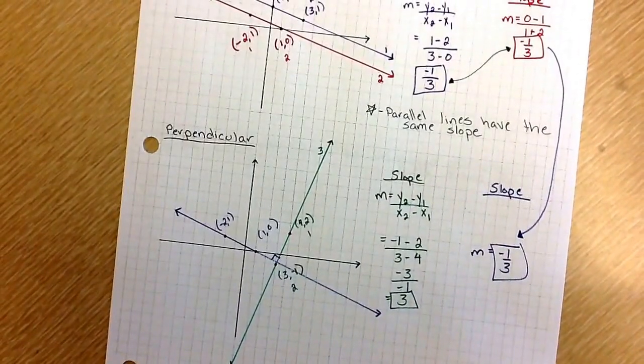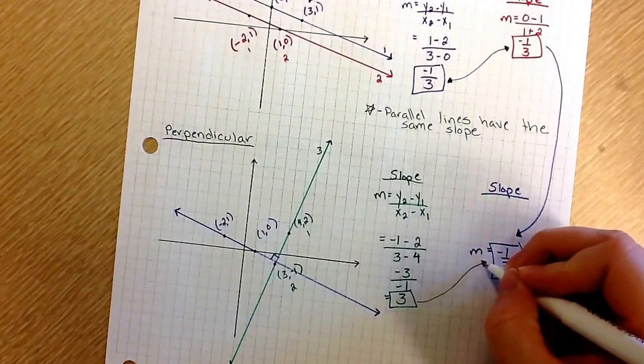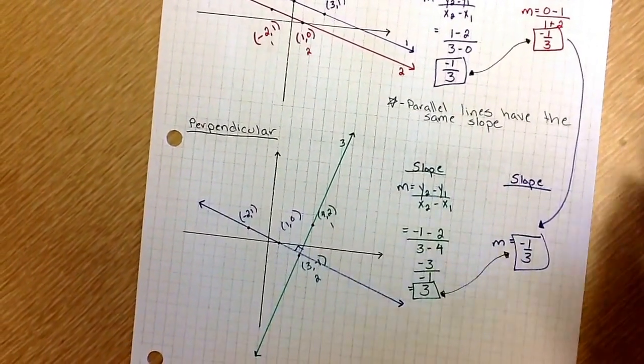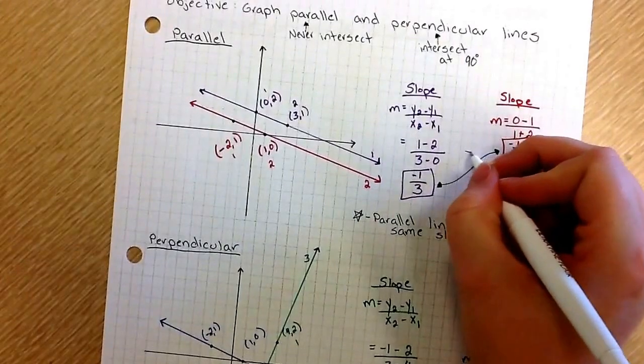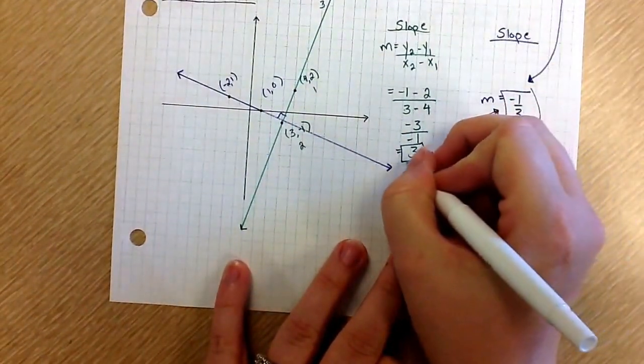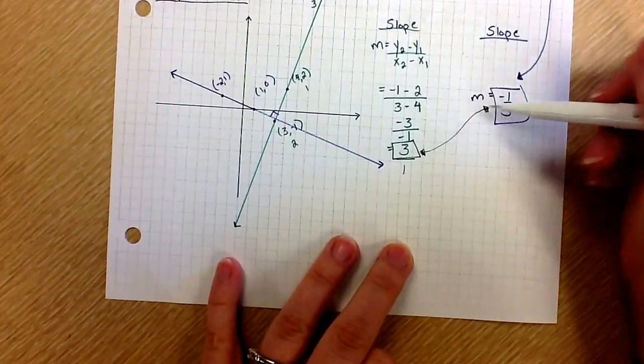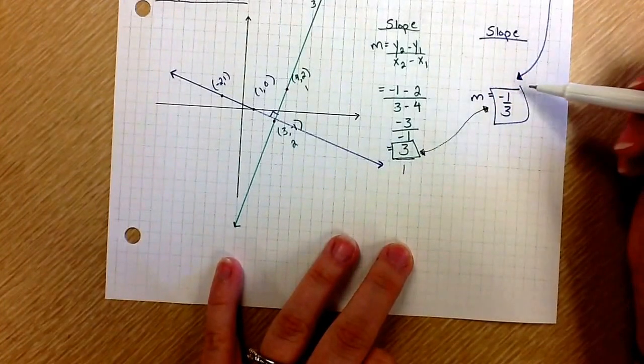Okay, now let's compare these two slopes. Obviously they are not the same. Up here, for parallel, they were equal. Down here, obviously they're not. Let's write this as a fraction. This is 3 over 1. This is 1 over 3. This is positive. This is negative.